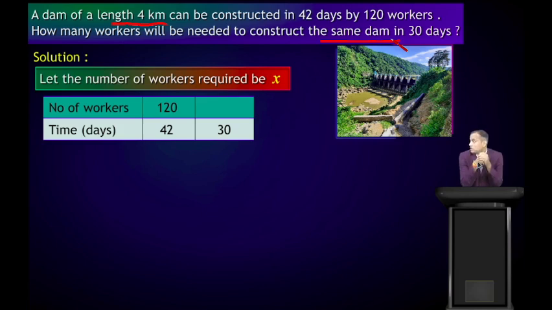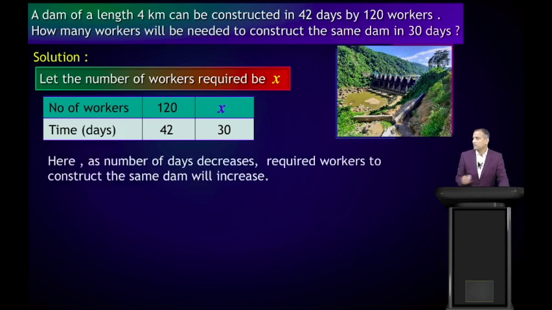If the number of workers increases, then the number of days obviously decreases. As the number of days decreases, the workers required to construct the same dam will increase. And again it is indirect proportion.